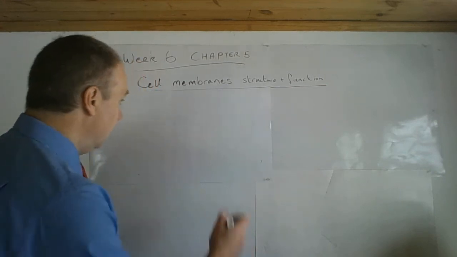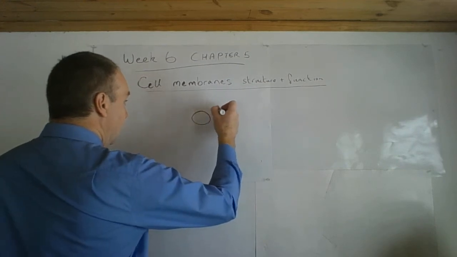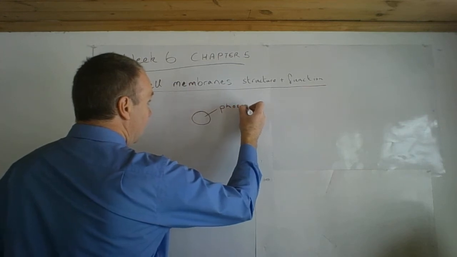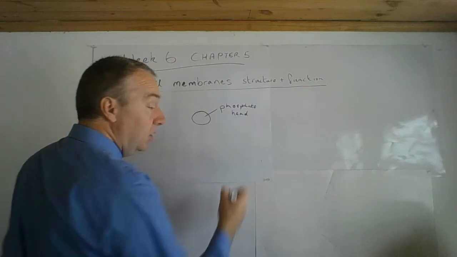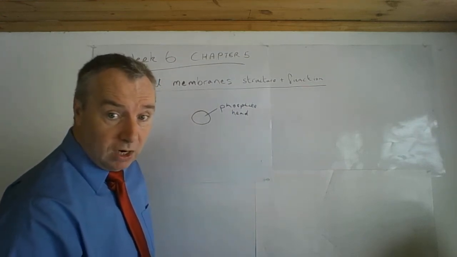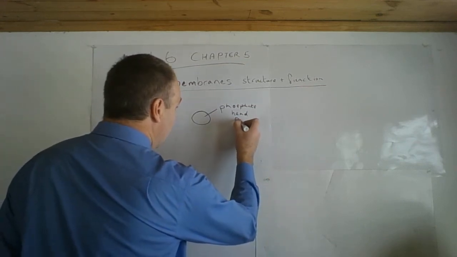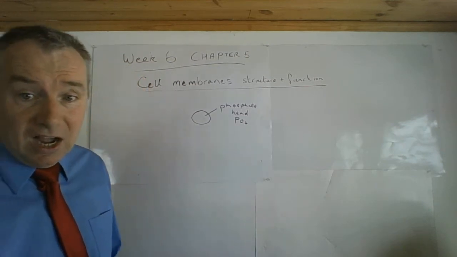Phospholipid is so named because it has a phosphate head, and when you hear the word phosphate you should automatically be thinking PO4, a phosphorus and 4 oxygens. And that is highly polar.